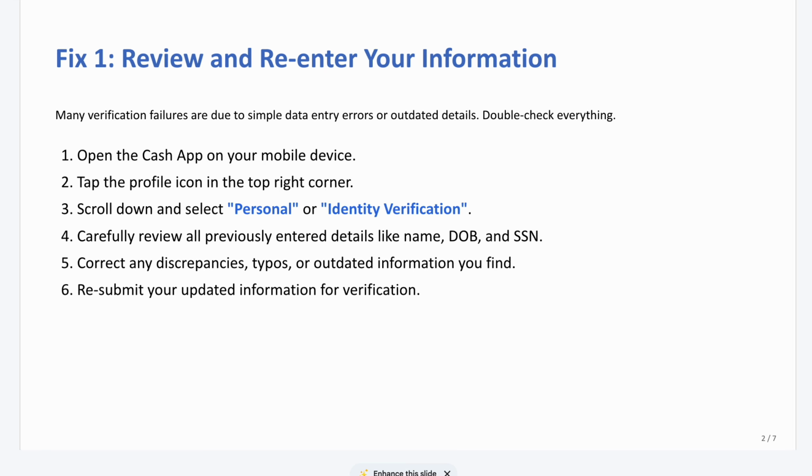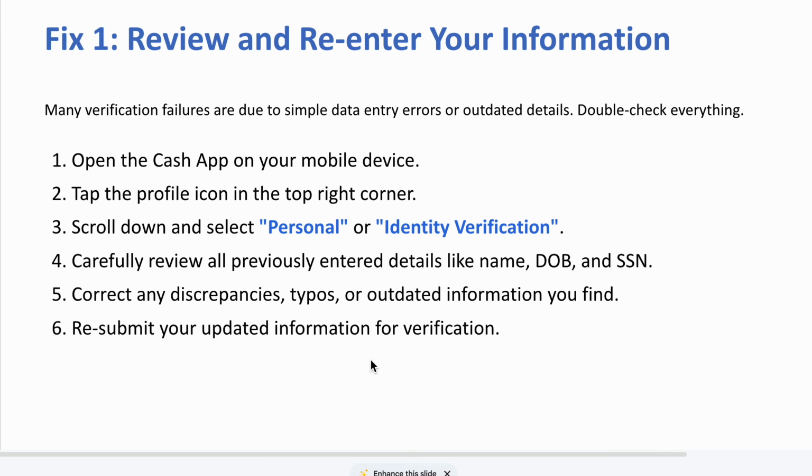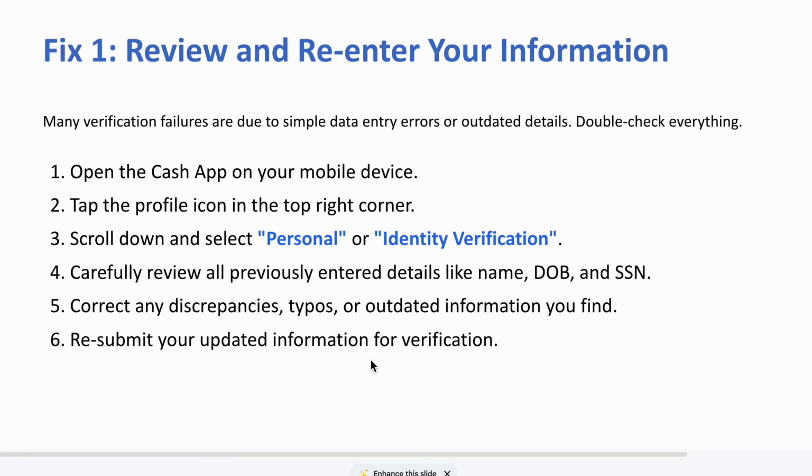Carefully review all the previously entered details like name, date of birth and SSN. After that, correct any typos and outdated information you find. Resubmit your updated information for verification.